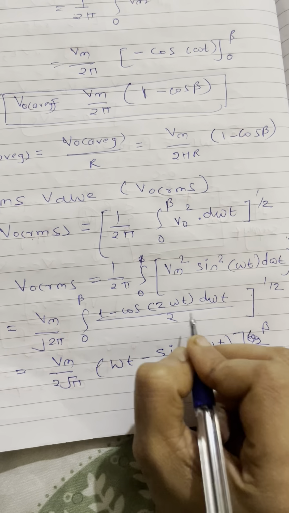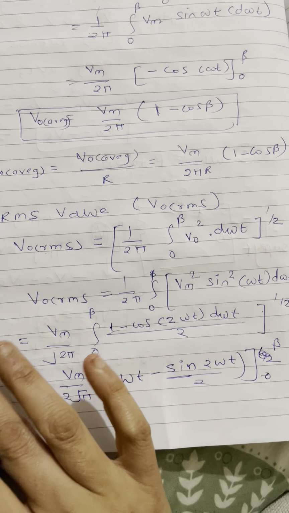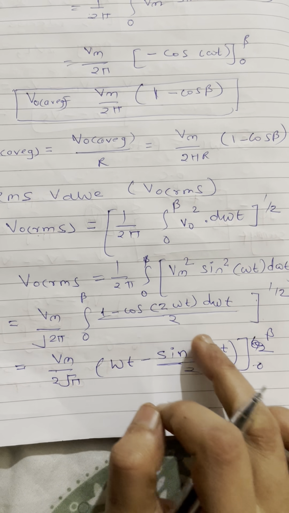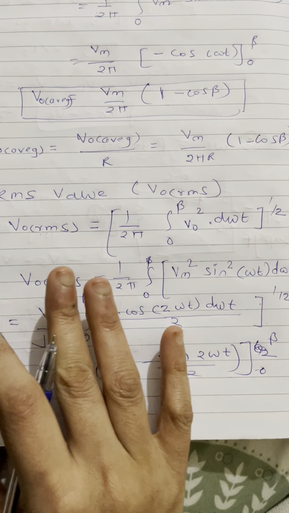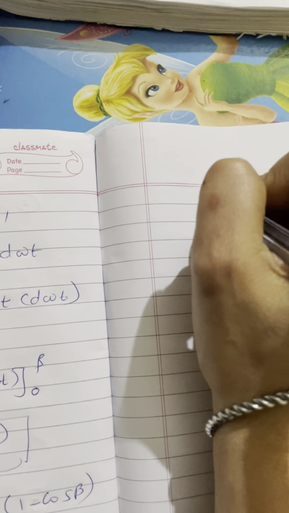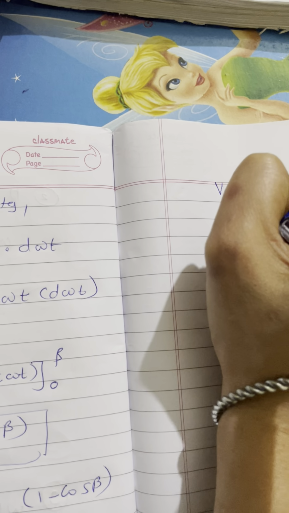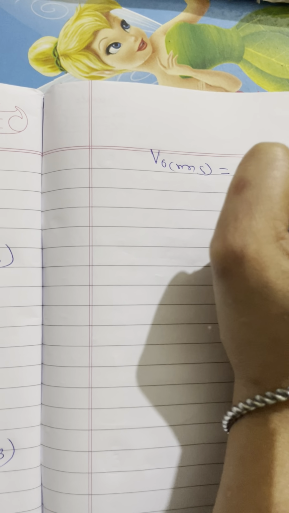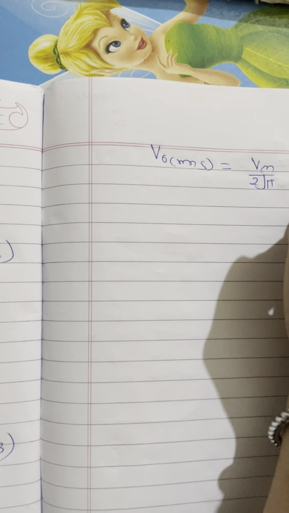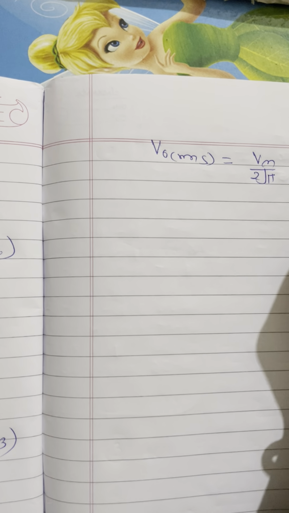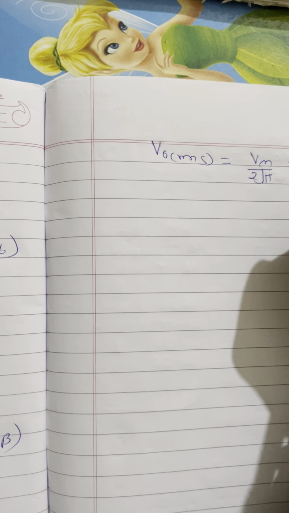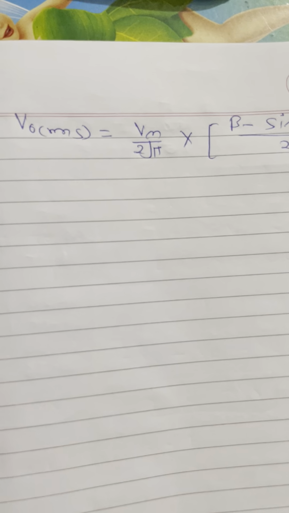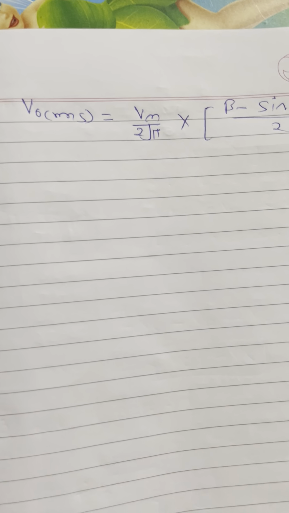So we get the final equation of V0 RMS is equal to Vm upon 2 under root of pi into beta minus sin 2 beta upon 2, to the power 1 by 2. This is the final equation for V0 RMS.